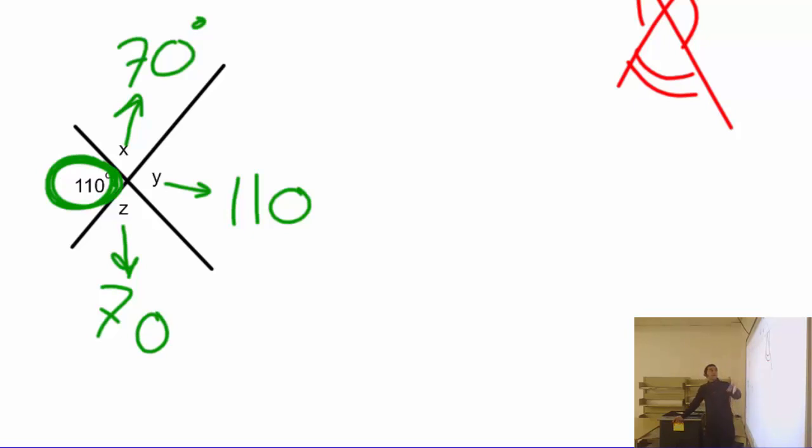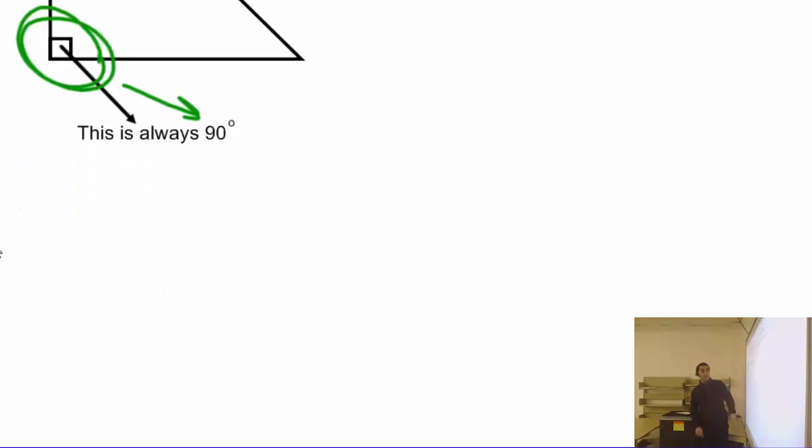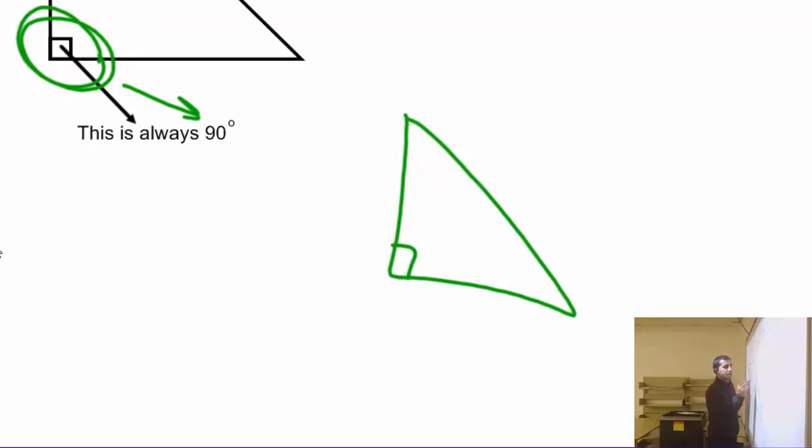Last but not least, rule number 4 is when you see this, it means you are looking at 90 degrees. So you will get maybe a question like that. This is 33. So how do we figure out what the X is? We need to know this. We need to know that.